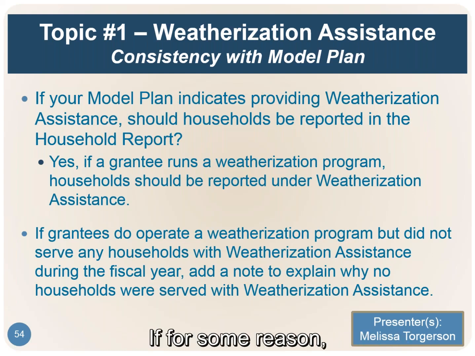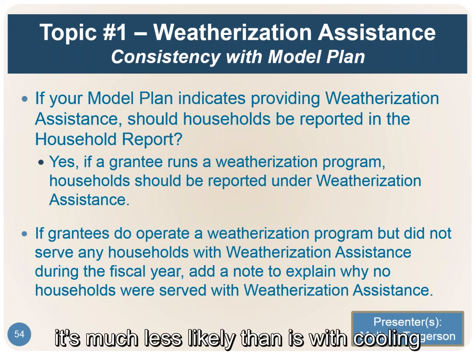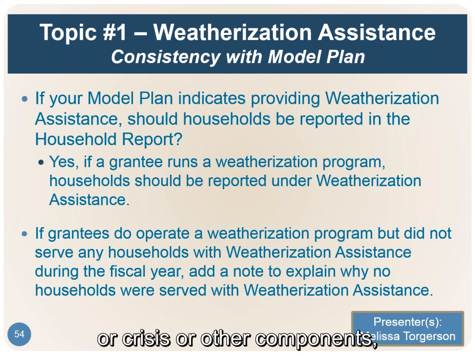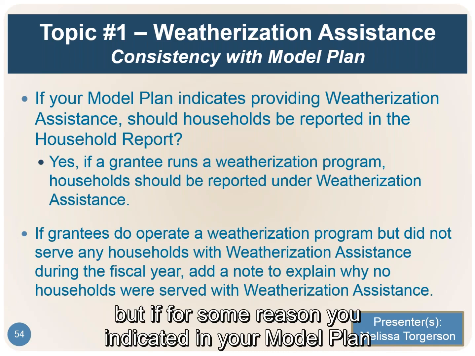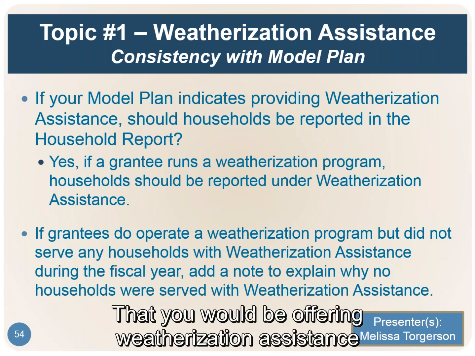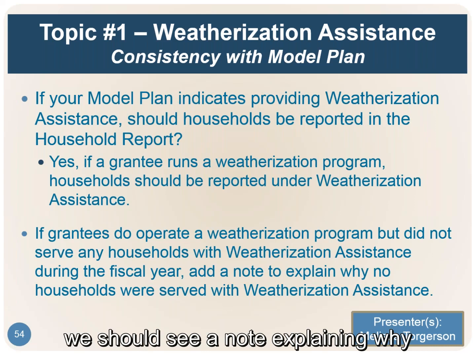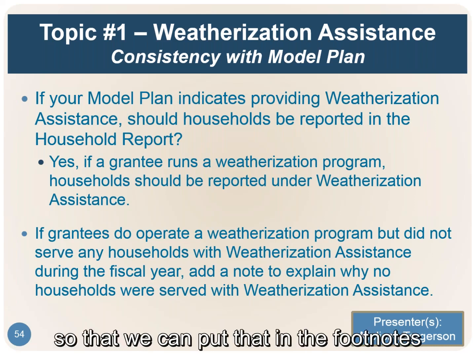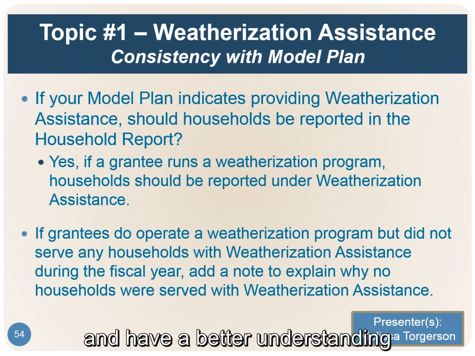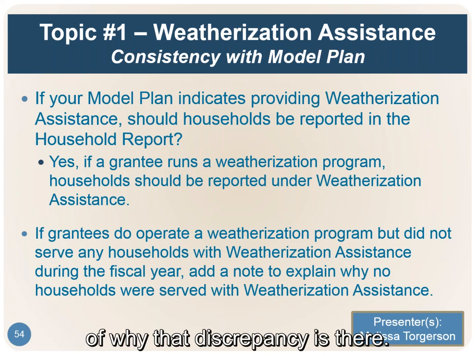It's much less likely than with cooling or crisis or other components, but if for some reason you indicated in your model plan that you would be offering weatherization assistance, but you did not serve any households in FY 2019, we should see a note explaining why, so that we can put that in the footnotes and have a better understanding of why that discrepancy is there.